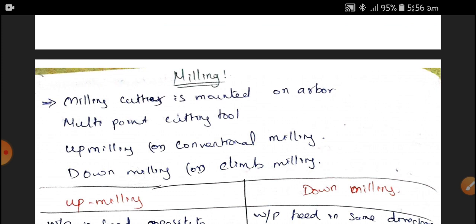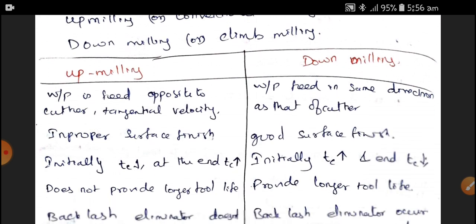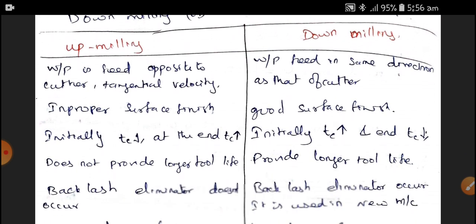Up milling is also called conventional milling and down milling is also called climb milling. Here I would like to give some comparison between up milling and down milling. In up milling, the workpiece is fed opposite to the cutter and a tangential velocity will occur. And in down milling, the workpiece is fed in the same direction as the cutter rotates.